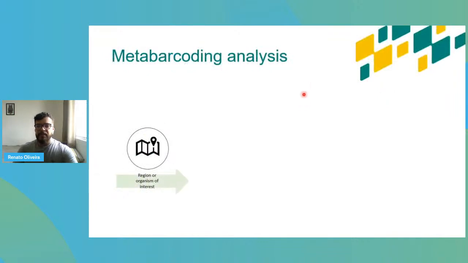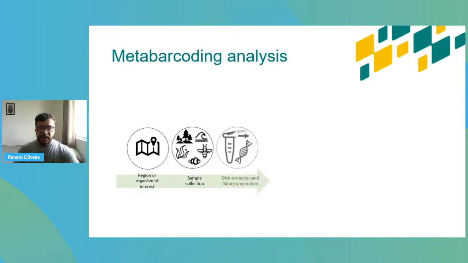To perform a metabarcoding analysis, first we need to define a region or an organism of interest. Once we define that, we can perform some sample collection. Usually this is an environmental sample, so it can be a portion of soil, a pool of water, or even the interior of an organism, for example, the human gut.